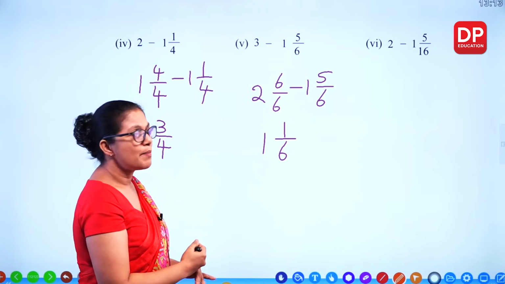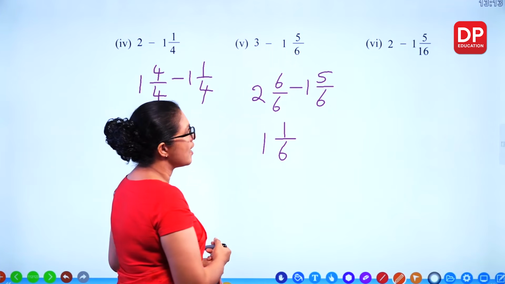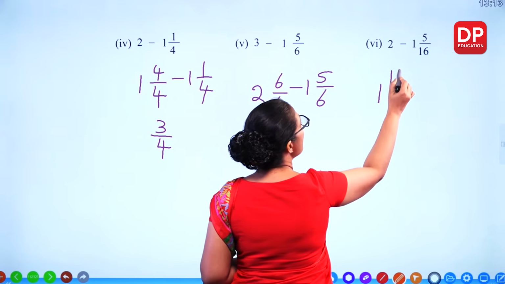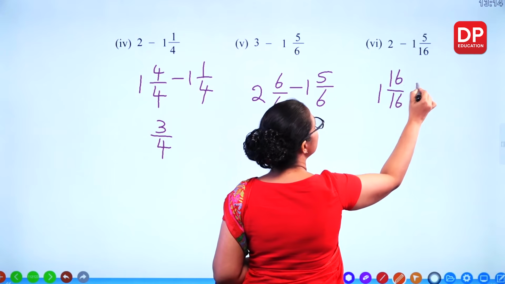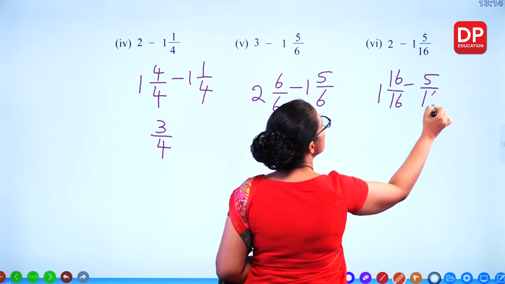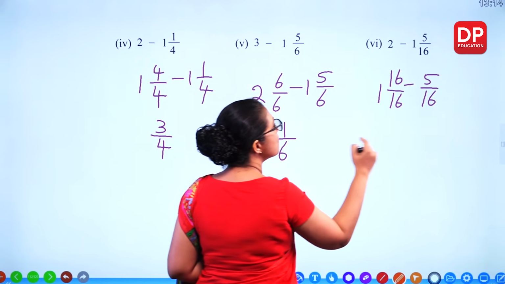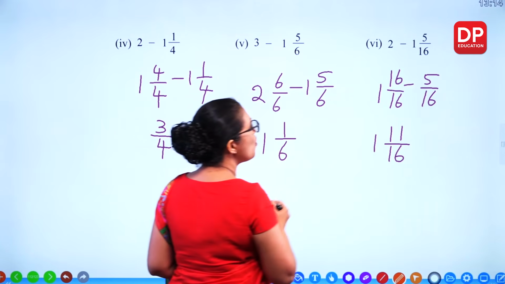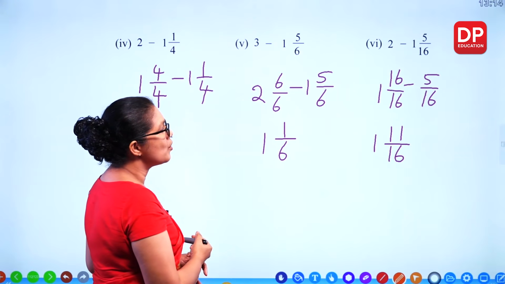This is also similar. You can't subtract. So I'll keep 1 here, and the other one I can write 16 over 16. So 16 minus 5, I get 11. So 1 whole part and 11 over 16.